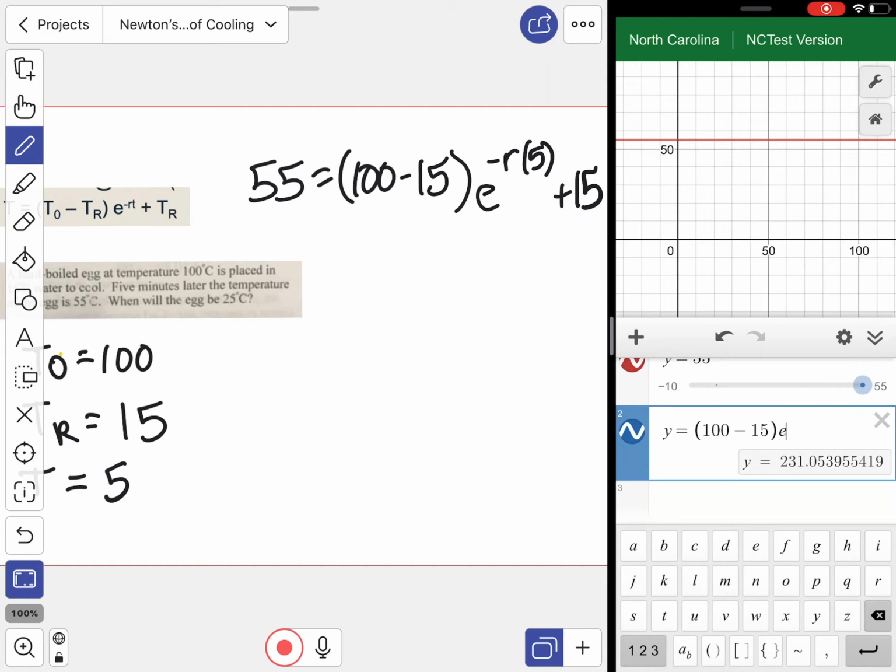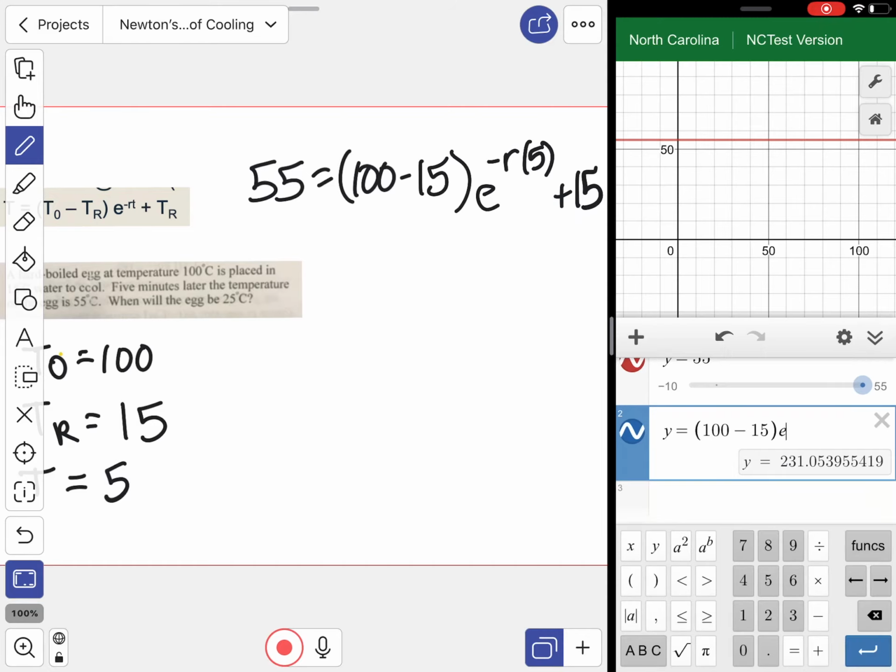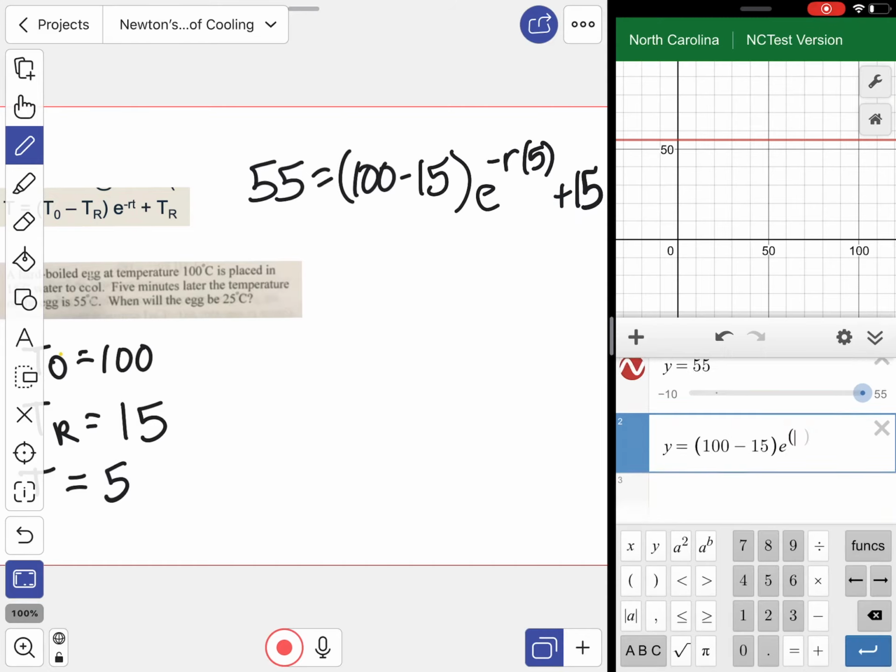If not, either way will work. And then I'm going to raise that to negative, now we can't use r, but we're going to use x times 5. All right, and outside of that, we're going to add plus 15.